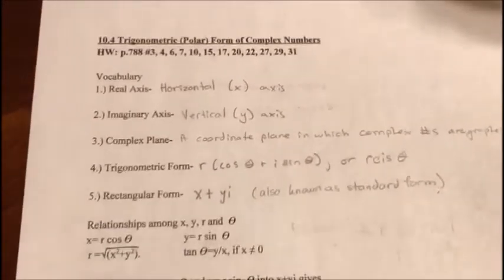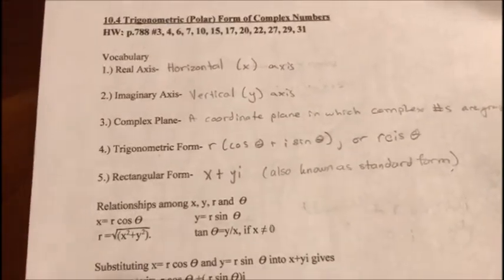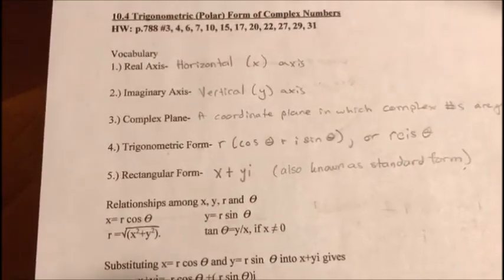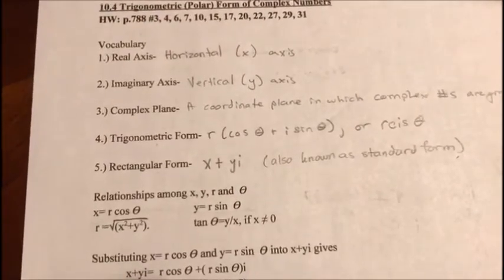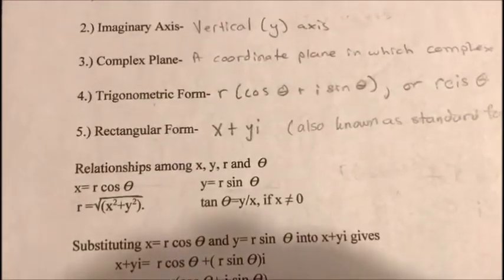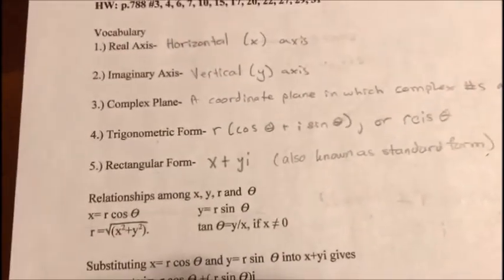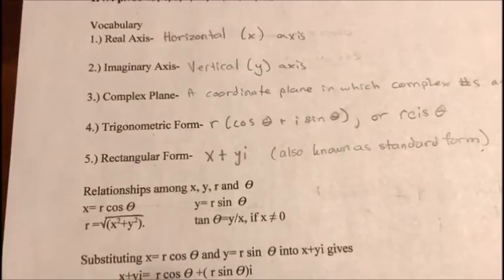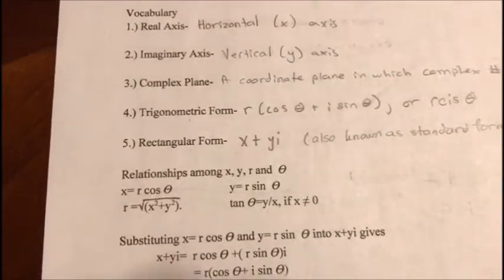So how these are correlated, and to help you know why the real axis and the imaginary axis are called what they are: the imaginary axis graphs the y value. In rectangular form, y is being multiplied by i, which makes it an imaginary number. That means graphing the imaginary number on the imaginary axis would make sense.